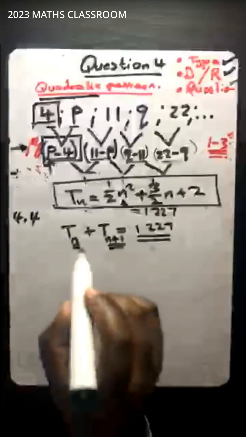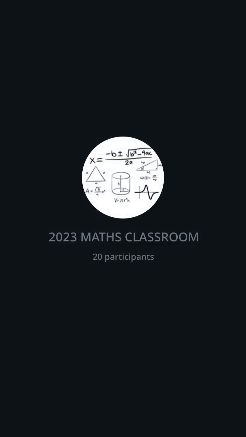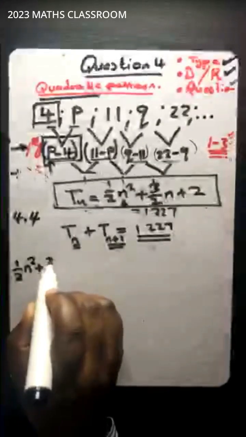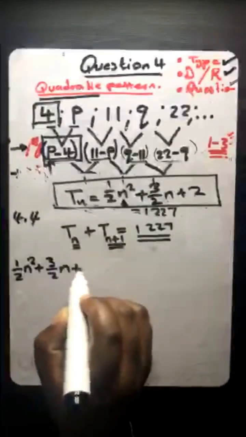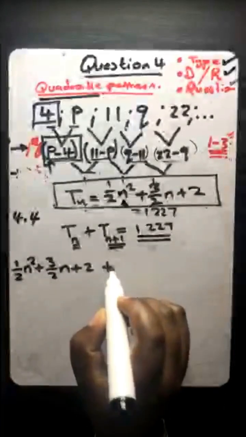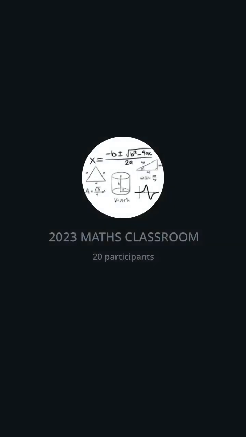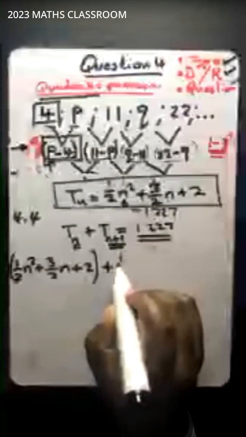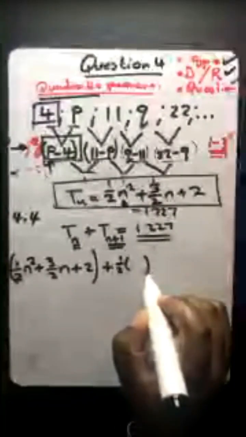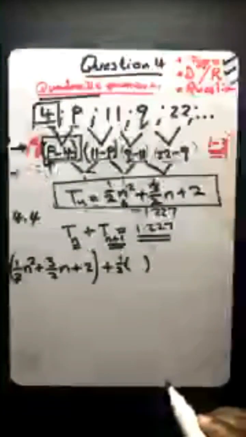I just know that when you take half n squared plus 3 over 2n plus 2, and you add that with a half, then in this case, where you see n, you substitute n plus 1.